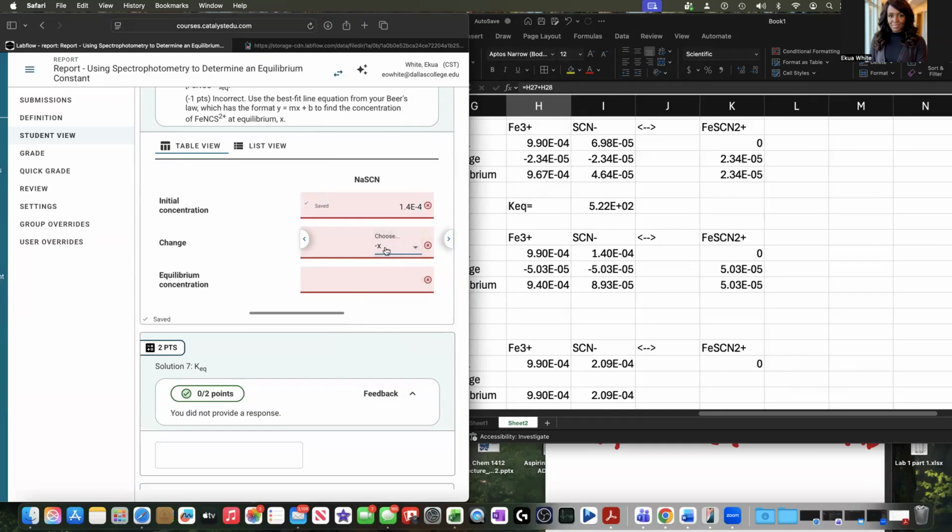We got -x, and this should be 8.93 exponent -5. And then finally on the product side, we should have a 0 here, plus x, 5.03 exponent -5. Okay.